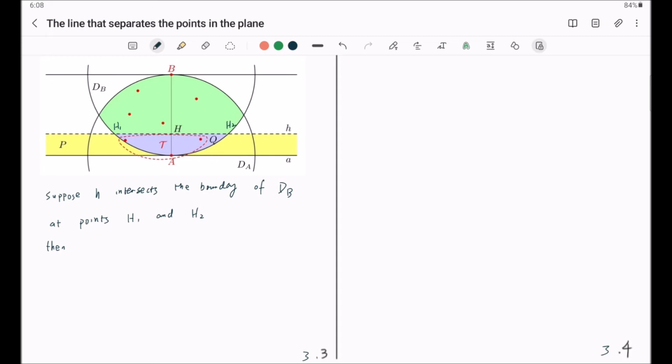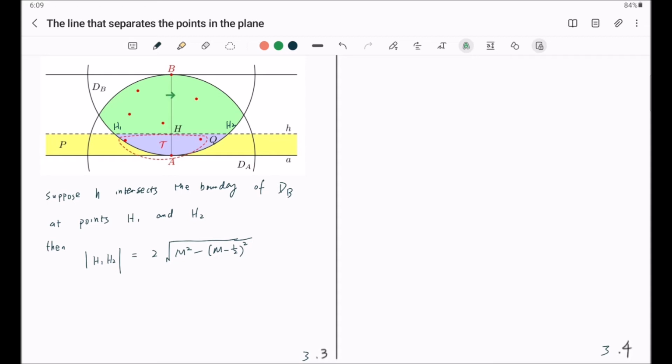The length of the line segment H1H2 is equal to 2 times the square root of m squared minus (m minus 1/2) squared. So this is just by the Pythagorean theorem. Remember, this AH is of length 1/2.